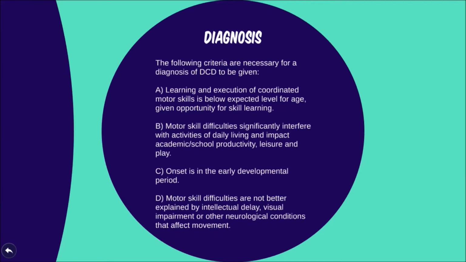The second is motor skill difficulties significantly interfere with activities of daily living and impact academic productivity, leisure, and play. Third, onset is in the early developmental period. And the last criterion is motor skill difficulties are not better explained by intellectual delay, visual impairment, or other neurological conditions that affect movement.